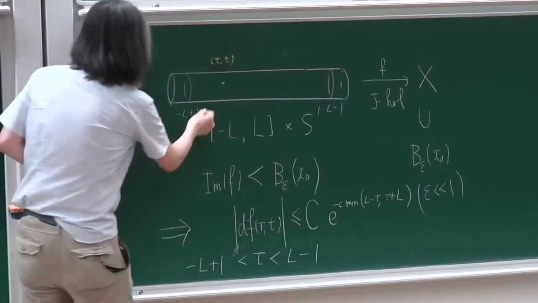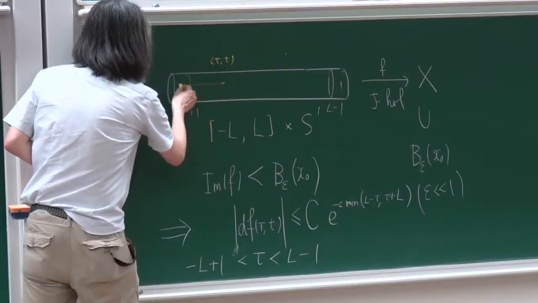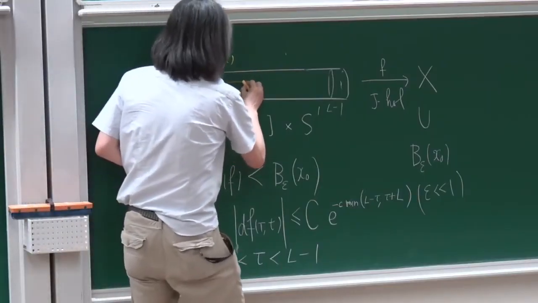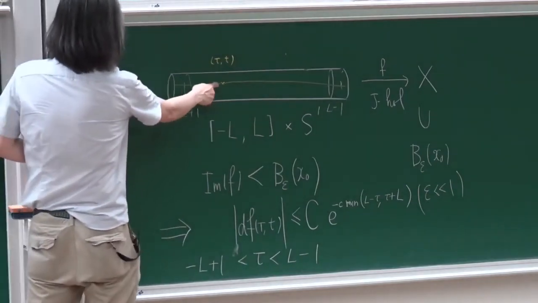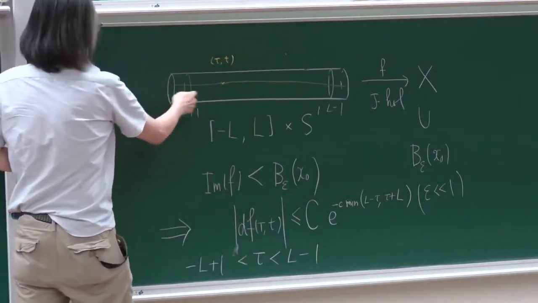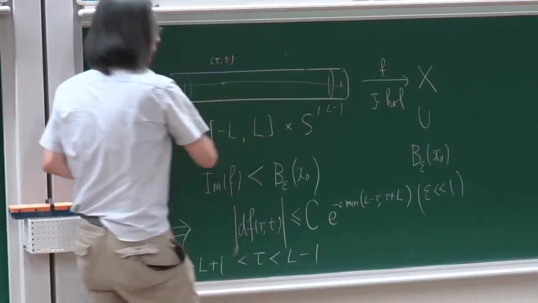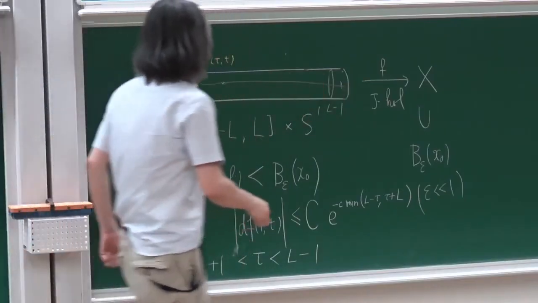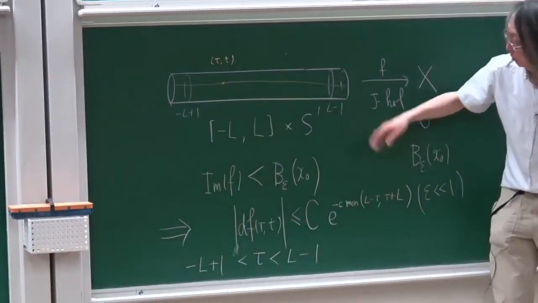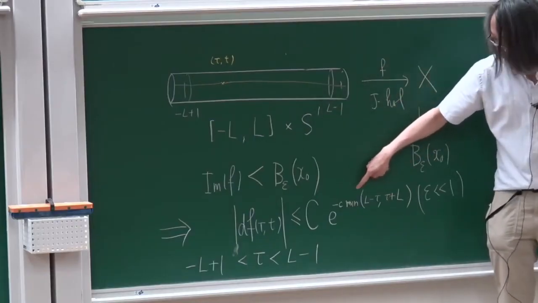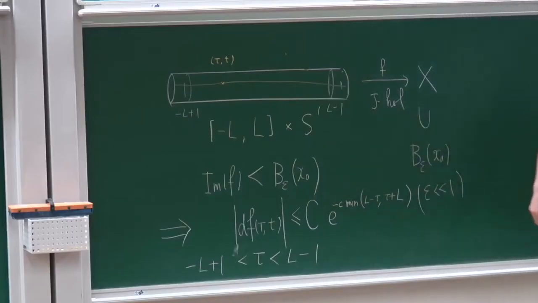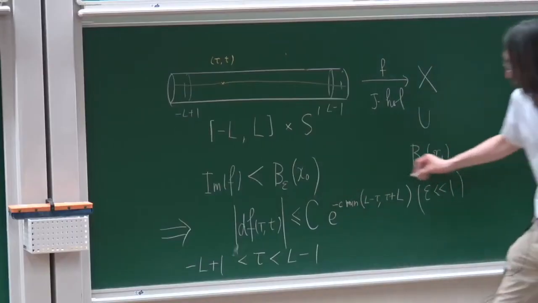Then measure the distance to these boundaries. This distance is tau plus L, and this distance is L minus tau. So it's the distance to the boundary of the domain, and then take its minimum, and then take its exponent to minus 1. So we have this sort of estimate.